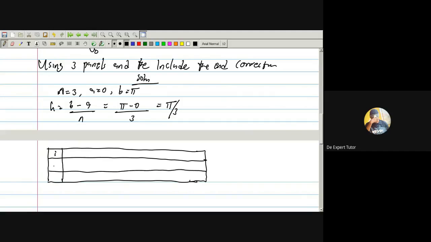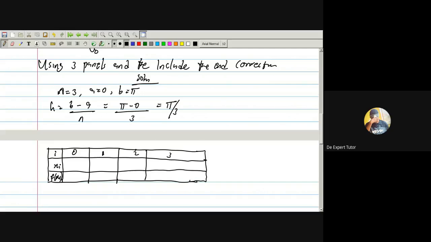Let me say this is my x, and I call this one f of x, that's the sine x that we are dealing with. Remember that your n is 3. So draw it from 0, 1, 2, 3. What's my x naught?